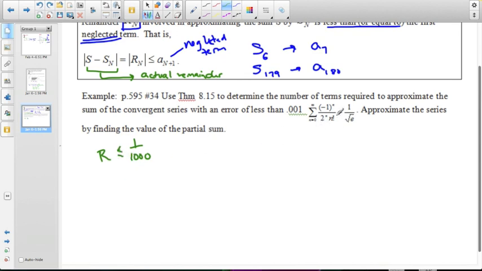If we look at the series here, this is the actual sum of the series. So this is our S. And so what we want to do is see how far out we have to add terms so that we are within 1/1000th of 1 over the square root of e.